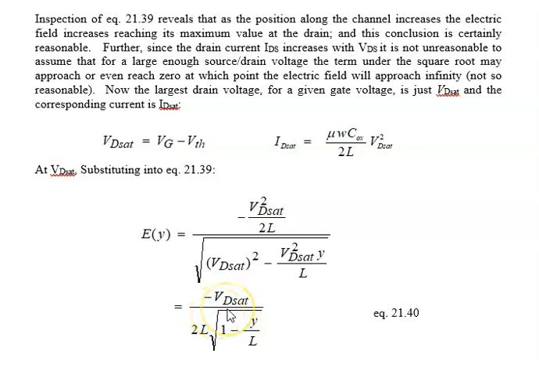We're just interested in the relationship between E sub y as a function of y, and everything else is a constant. And what we see here is if pinch off occurs at the drain, in other words, if Vd sat occurs at the drain terminal, then at y equal L, this term becomes 1, and we get a singularity in the electric field.